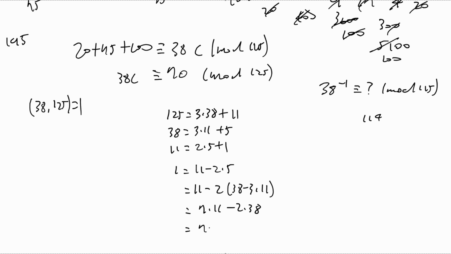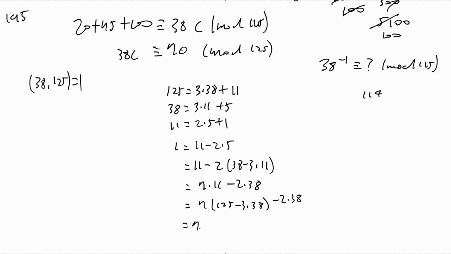So we have 7 times 125 minus 3 times 38 minus 2 times 38, so it's equal to 7 times 125 minus 23 times 38. So this thing is equal to 1. For anyone who is curious, please check this with a calculator. I didn't check it yet, so I'm not sure if this is right or not.